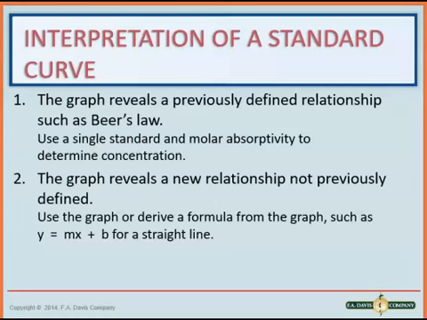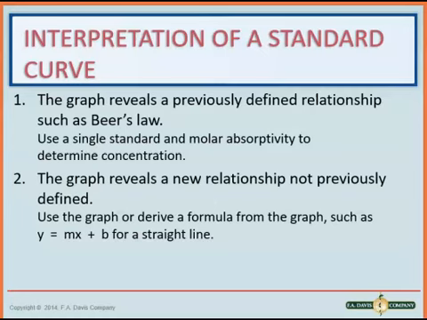So in interpretation of standard curves, if a graph reveals previously defined relationships, such as Beer's law, that's great. But sometimes things don't follow Beer's law, and we need to establish and create a new standard curve so we can reveal new previously not defined relationships. And we may have to use the graph or derive a formula such as our slope.